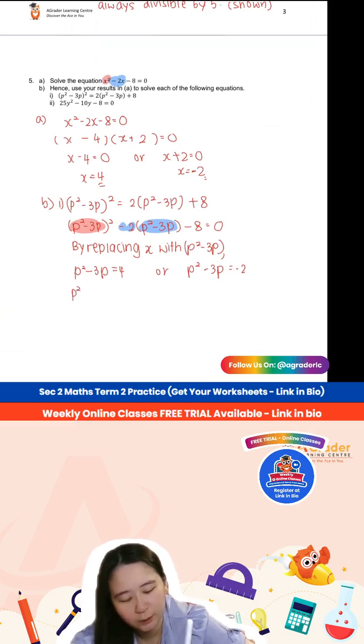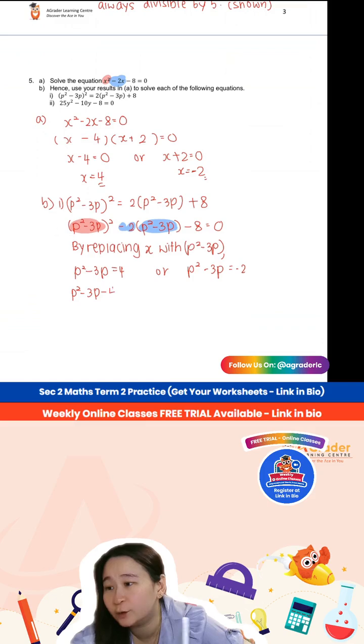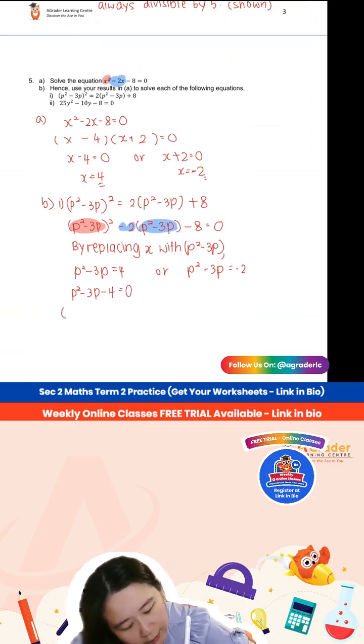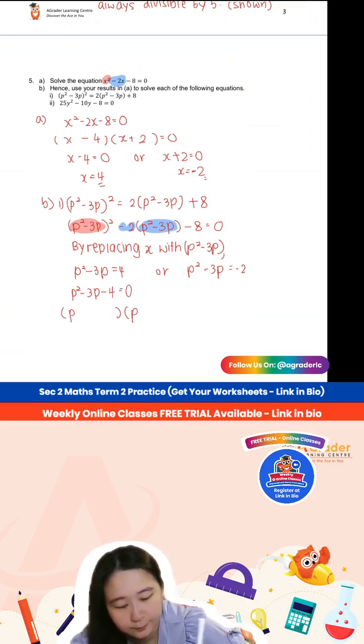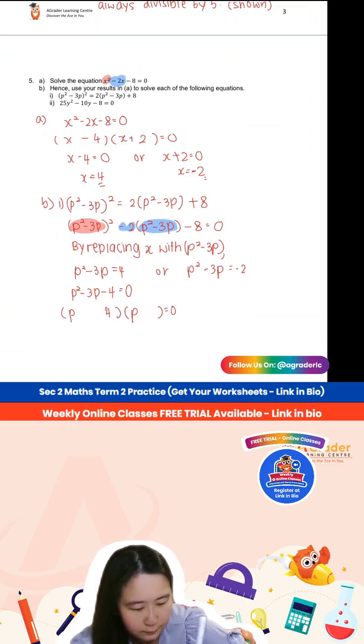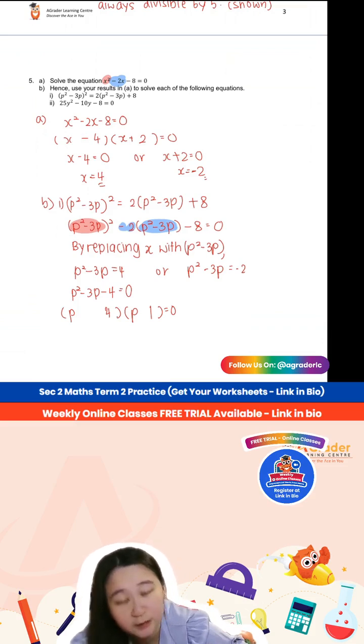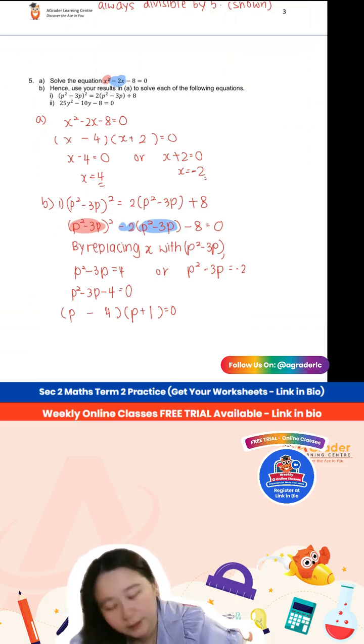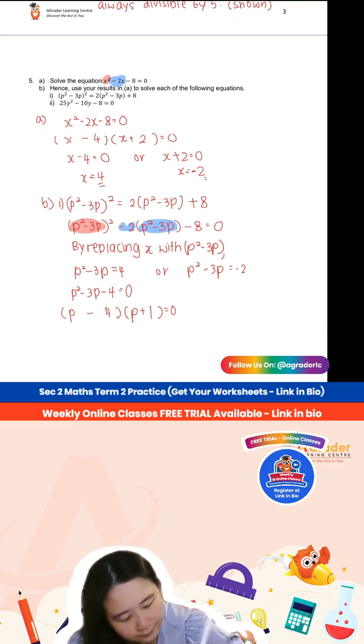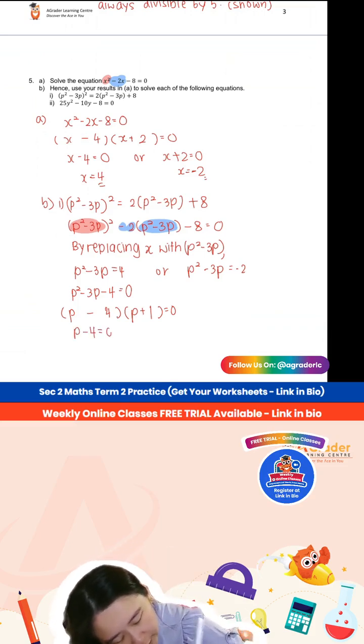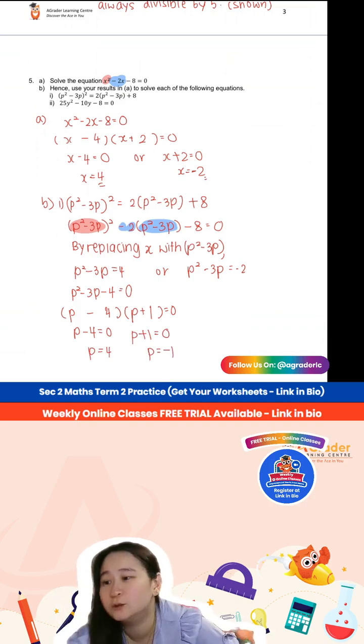Okay, so p squared minus 3p minus 4 equals 0. I can factorize. So when you factorize, it will be the pair of 4 and 1 because the difference is 3. So minus 4 plus 1. So p minus 4 equals 0 or p plus 1 equals 0. Therefore, p equals 4 or p equals negative 1.